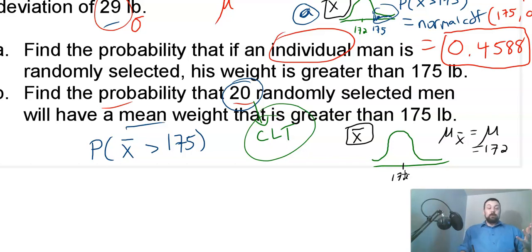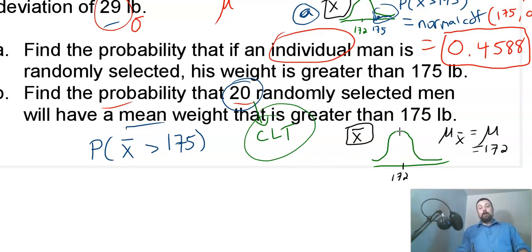So there's less variation in the sample means because when you average things, the average tends to go back to the middle. Most of your sample means are closer to the middle and less on the fringes. Whereas with individuals, you have heavy people, you have light people, so there's a lot more variation in the individual weights.